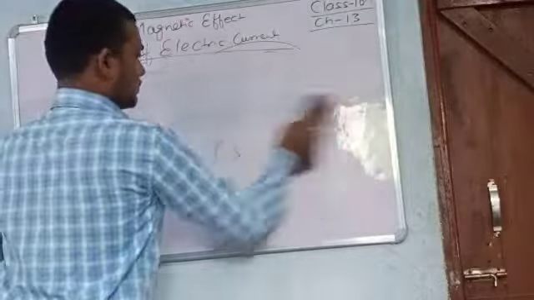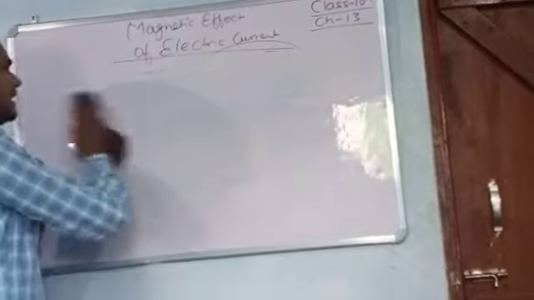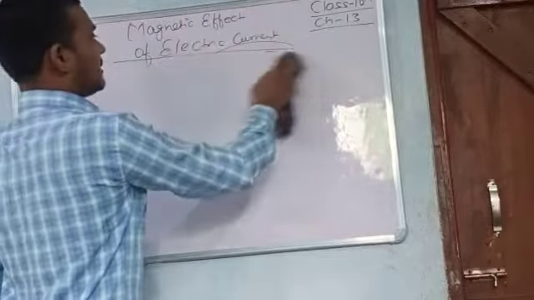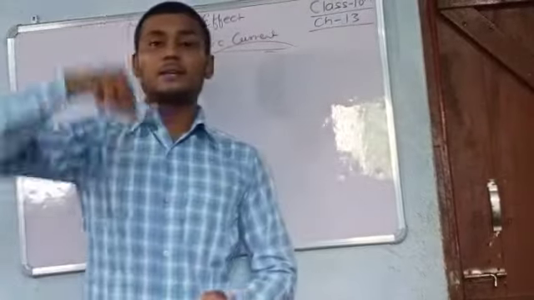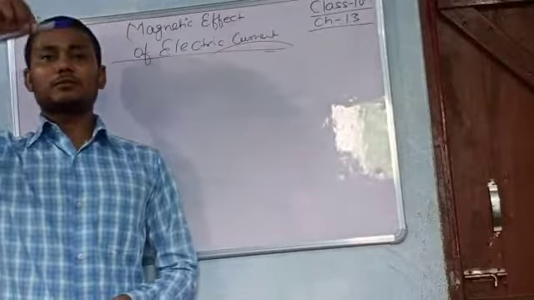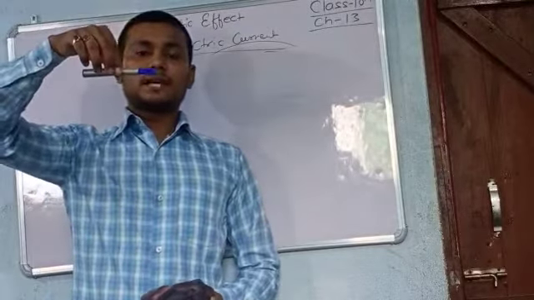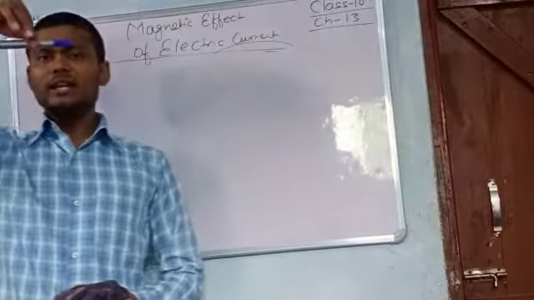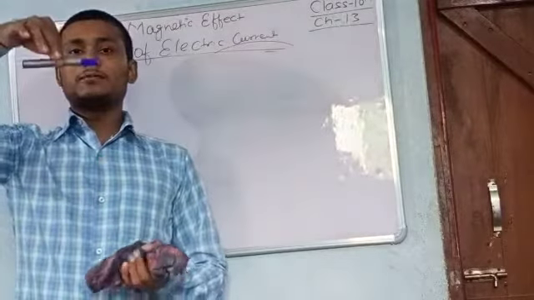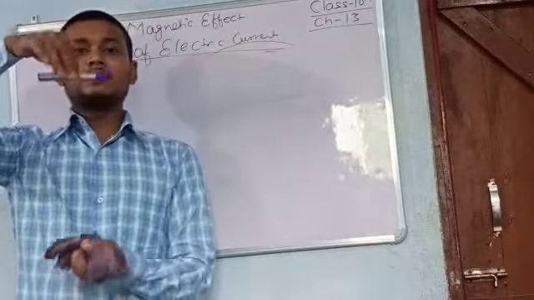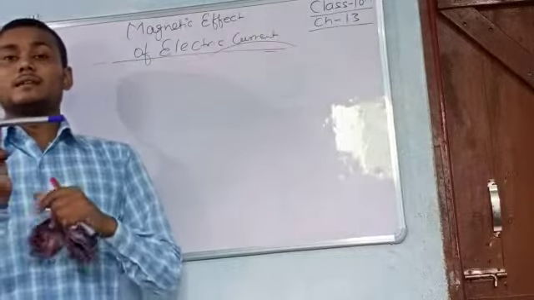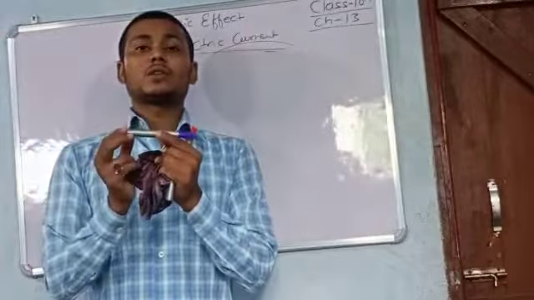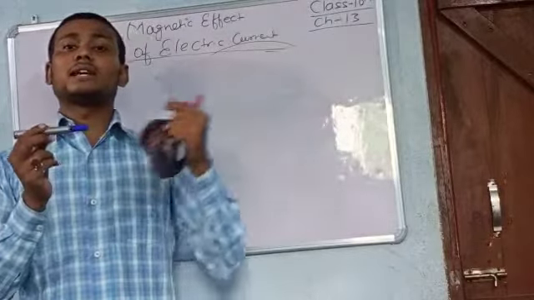Another thing related to magnets: if you suspend any magnet freely, then when the magnet comes to rest, one pole is in the direction of north and the other pole is in the direction of south.